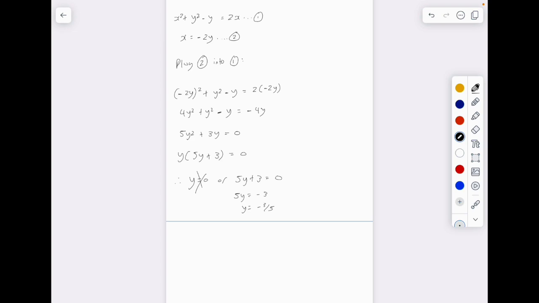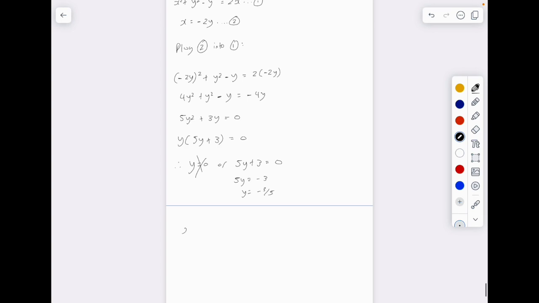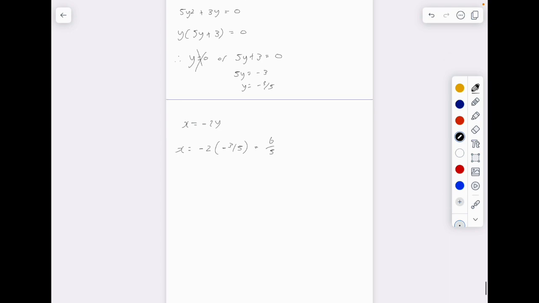Cool. So now we're going to find x. Well, what's x? x equals minus 2y. So therefore x, which equals what? 6 over 5. Brilliant. So guys, we got x, we got y.